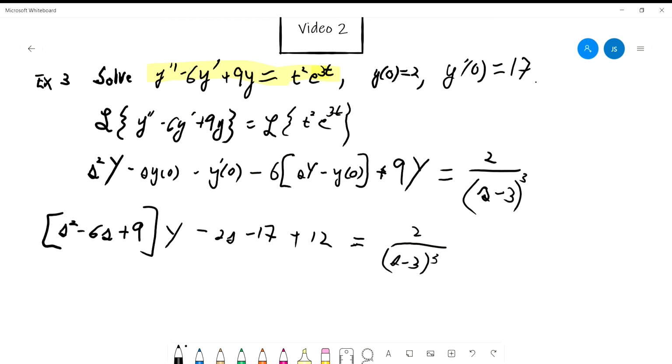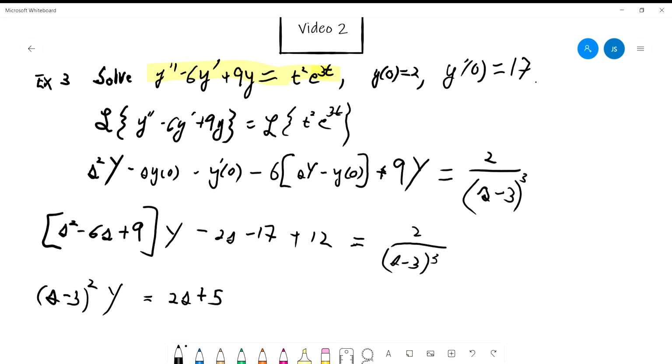Now we're going to add the negative 17 plus 12, and then add the 2s and the 5 to both sides. And so let's write this s squared minus 6s plus 9. Let's factor that. That's (s minus 3) squared times capital Y equals, we're adding 2s to both sides, and we're adding 5 to both sides because minus 17 plus 12 is negative 5.